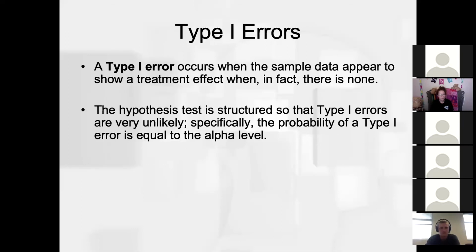A type 1 error occurs when the sample data appear to show a treatment effect, when in fact there is no treatment effect. The hypothesis test is structured in such a way that type 1 errors are very unlikely, specifically that the probability of a type 1 error is equal to that alpha level.